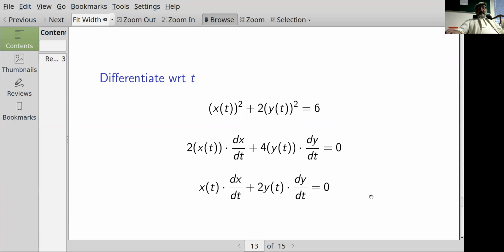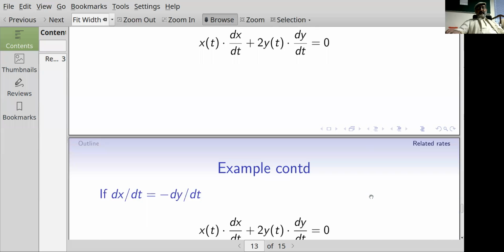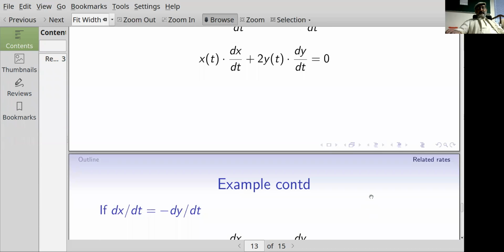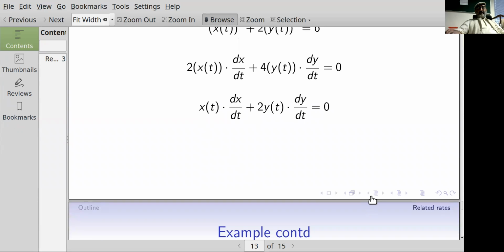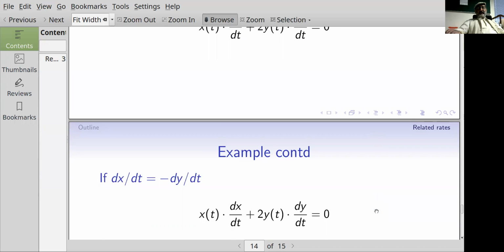Let's divide by 2, so I get x(t) times dx/dt plus 2y(t) times dy/dt is equal to 0. Now, we are interested in the situation when dx/dt is minus dy/dt.